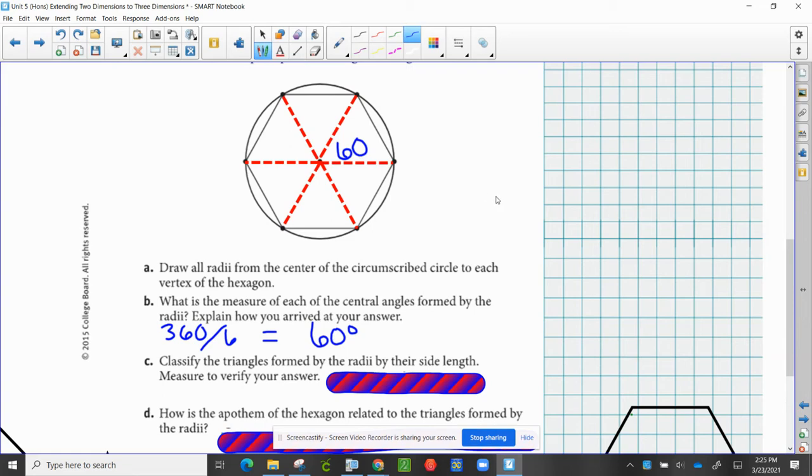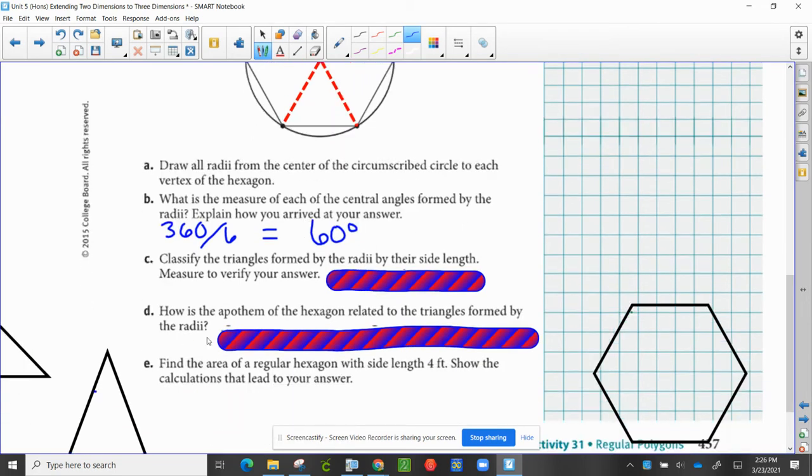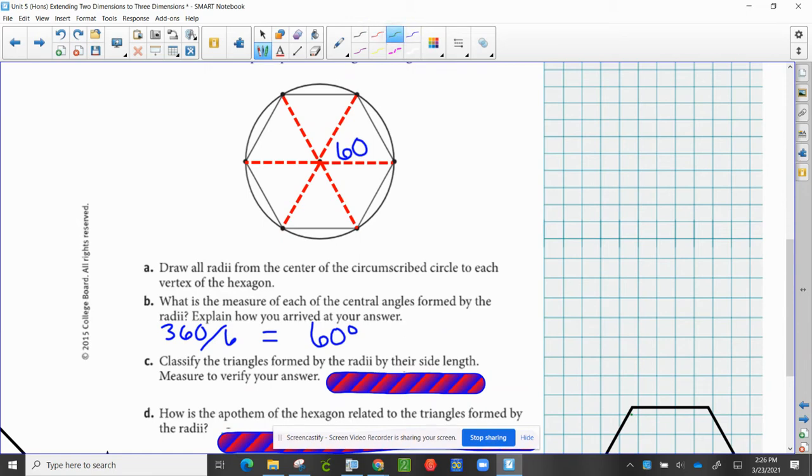Now, if we wanted to find the area of this hexagon, what we can do is find the area of each triangle and use that to find the area, because if we find the area of one triangle, we know the area of all 6 of them, and we can just add them all up. Let's talk about the apothem here. How does the apothem of a hexagon relate to the triangles that we formed? Remember, the apothem goes from the center and is a perpendicular line that heads to the midpoint.